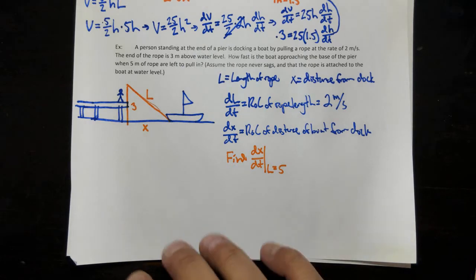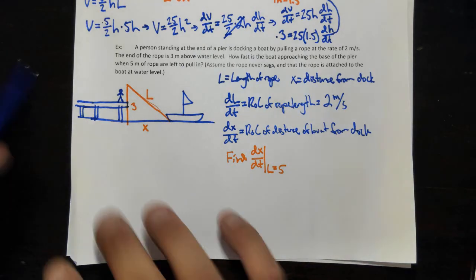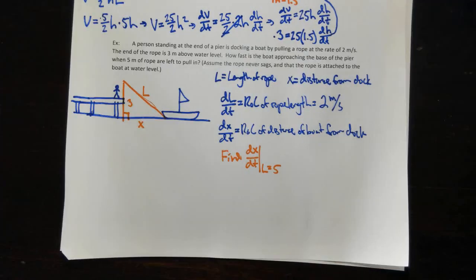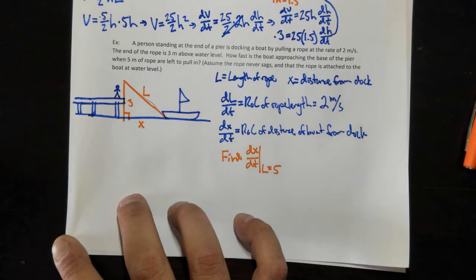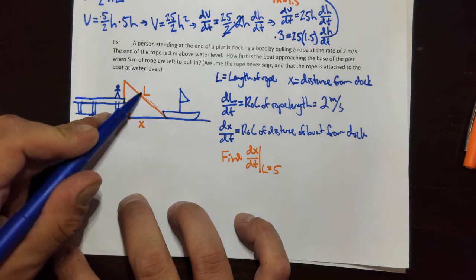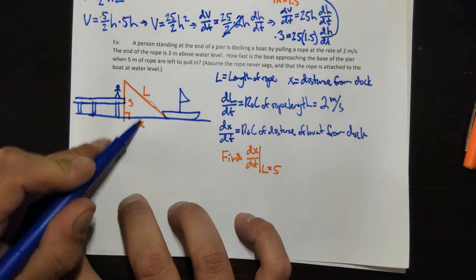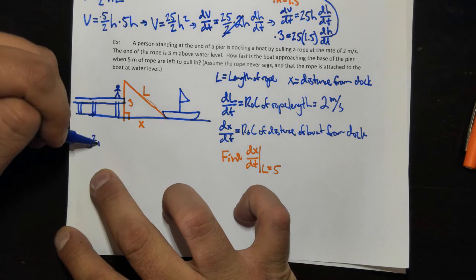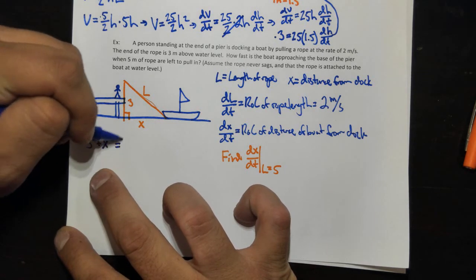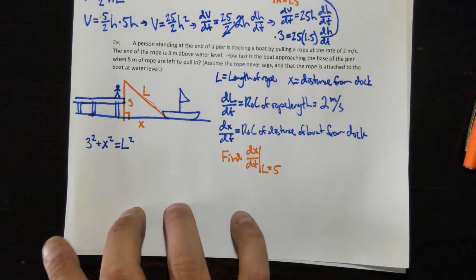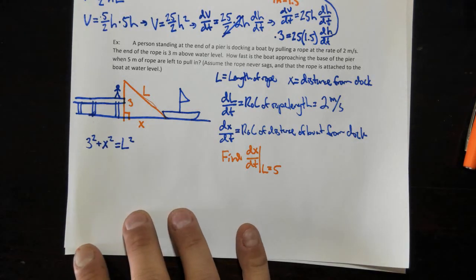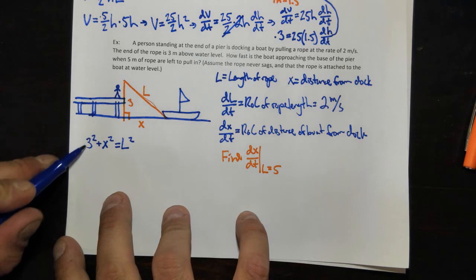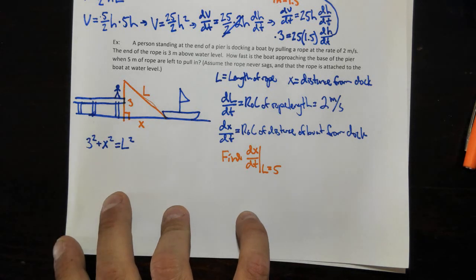So let's set this up. We're dealing with a right triangle here, which just screams Pythagorean theorem. So let's go ahead and set that up and see what we can do. That would relate our x to our L just perfectly. So we have 3 squared plus x squared is equal to L squared. Cool. Now let's take the derivative. 3 squared is just a constant term, so that's going to go away.